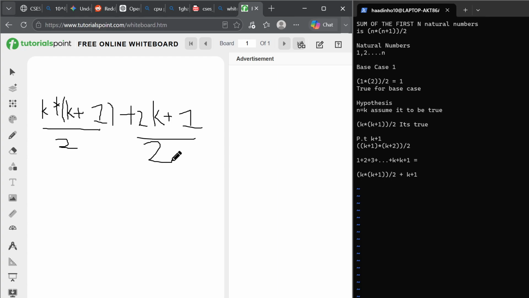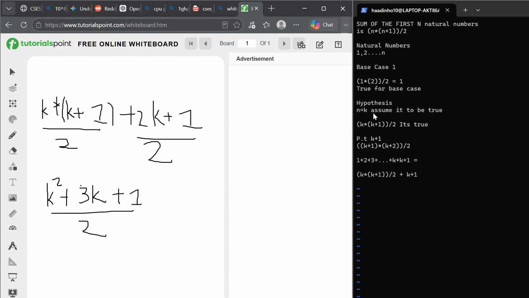Now we have the common denominator, so if we multiply and get it done, this becomes k square plus k plus 2k, so k square plus 3k plus 2, all divided by 2.